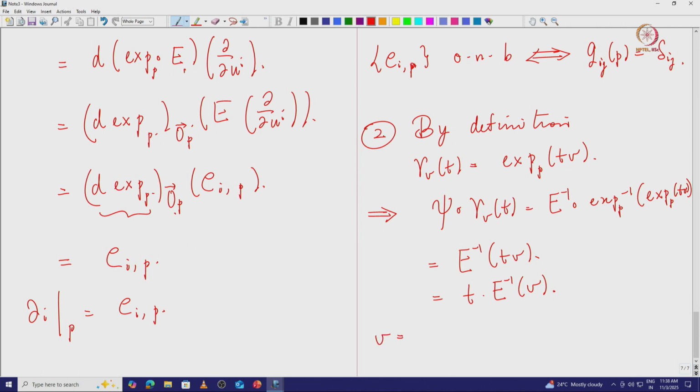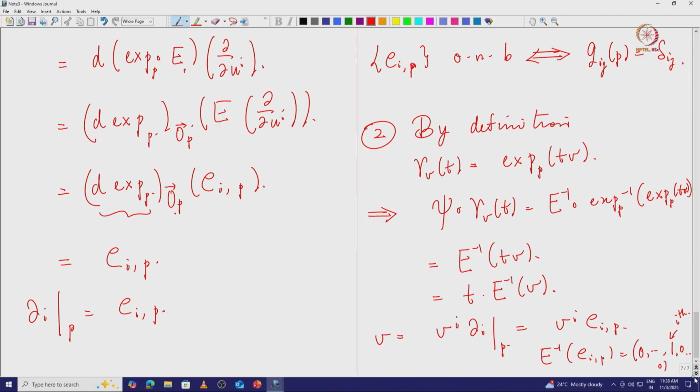V in the standard basis is given by components v^i times del i, but by the first part this is simply this. On the other hand, E inverse of this is simply the vector whose ith component is given by v^i, as a point in Rn.